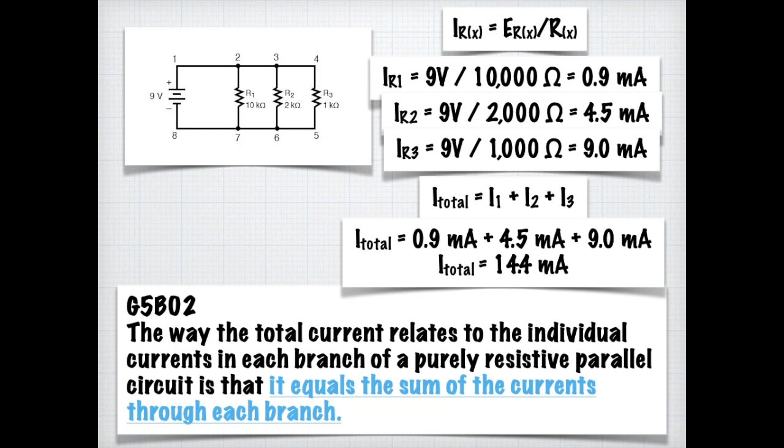We can sum the total once we know those values and come up with the total current in that circuit. For the exam, we need to know that the way the total current relates to the individual currents in each branch of a purely resistive parallel circuit is that it equals the sum of the currents through each branch.